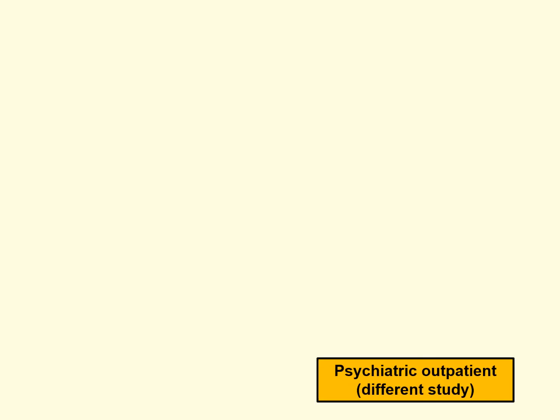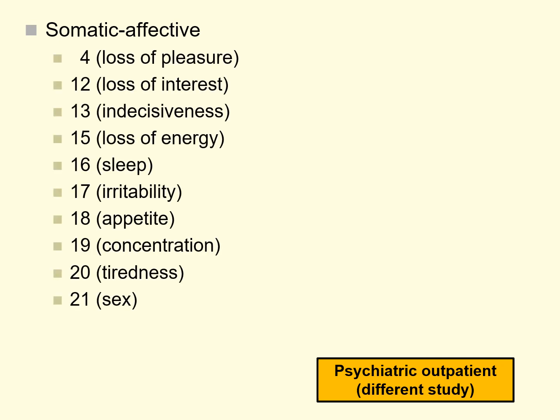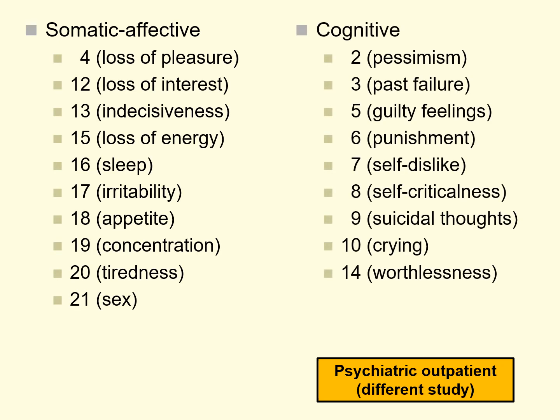A different study I found, another publication by Beck and colleagues from around the late 1990s, worked with psychiatric outpatients and found, again, this somatic-affective factor and this cognitive factor. So in the outpatients, the solution is fairly similar. In college samples, it's maybe a little bit different. In general, though, you can see these types of factors emerging.